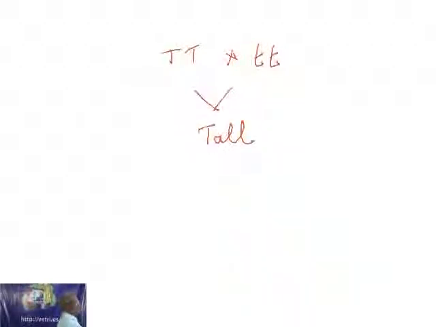What we discuss is, when you take a tall plant and cross it with a dwarf variety, you get all tall in the F1 generation. This is called F1. This is called the parental generation.